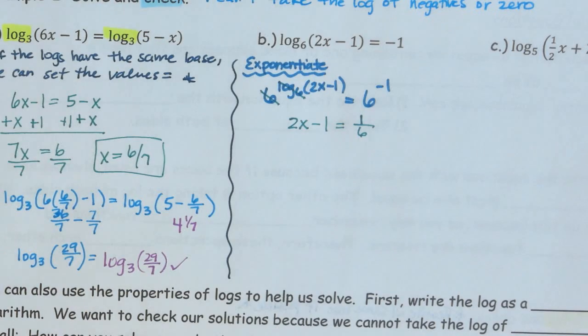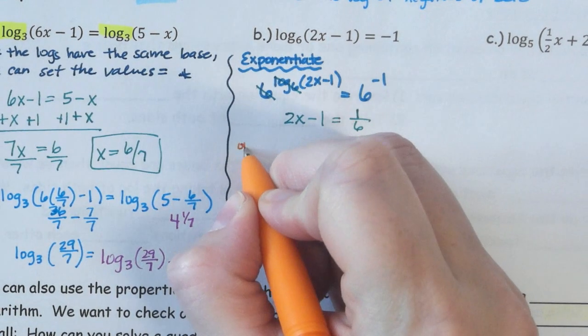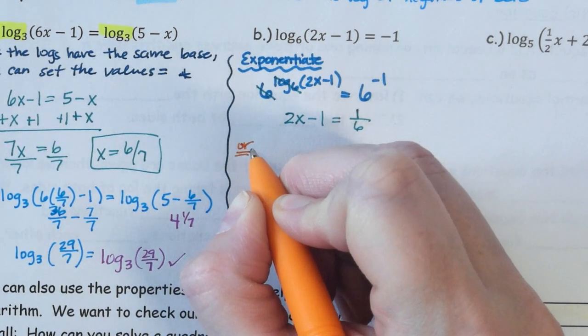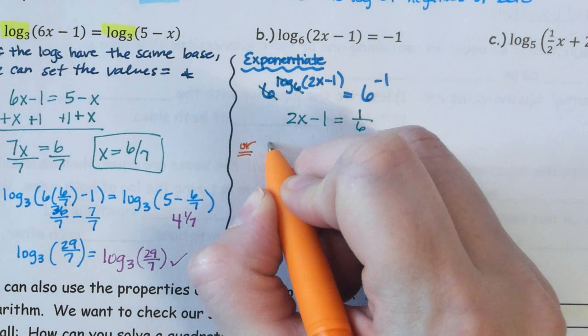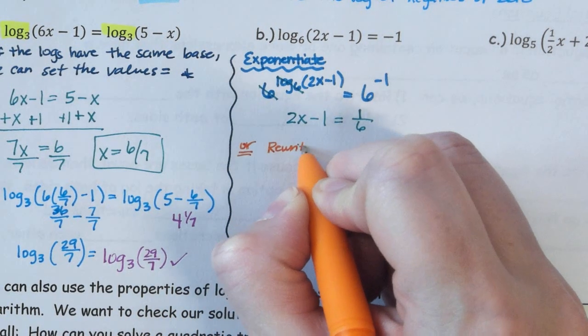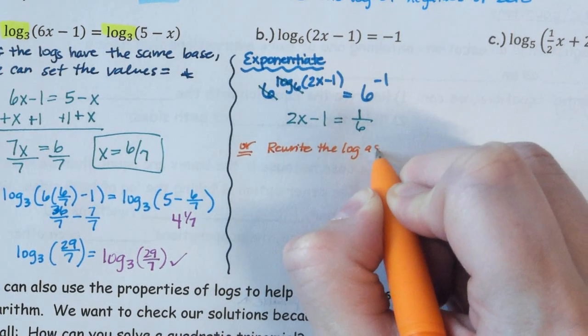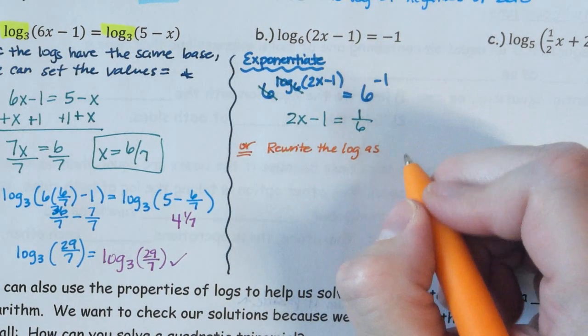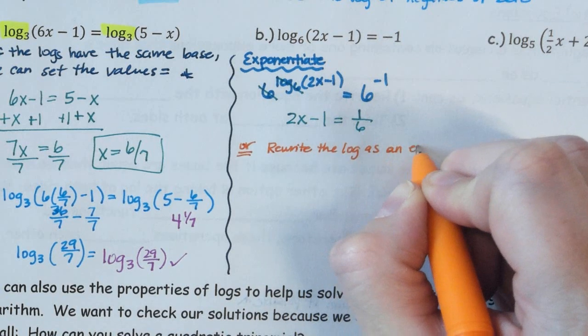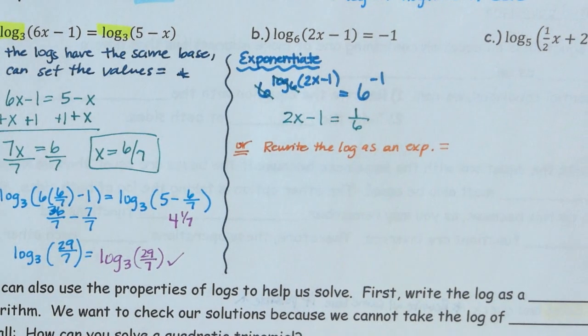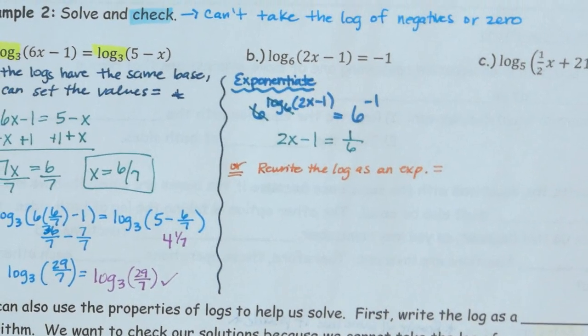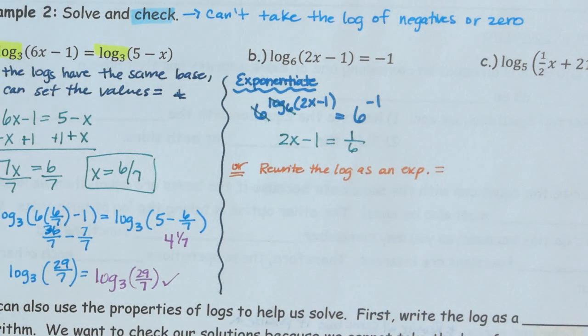Option 2, and we're going to stop there, because I think you'd like it better. You can rewrite the log as an exponential equation. The reason why I say I think you'd like it better is because you've been doing this for the last week, right?